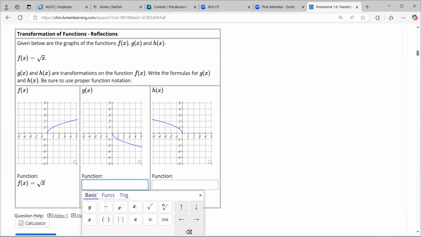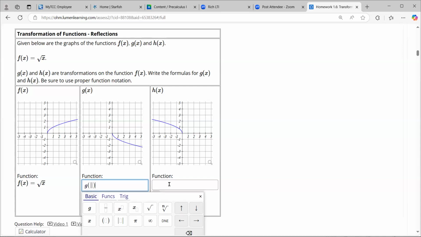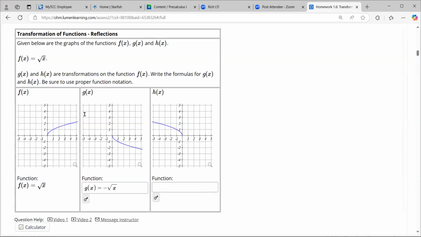For g of x, we should enter g of x. The first daughter function is going to be negative f of x, or negative square root of x here.